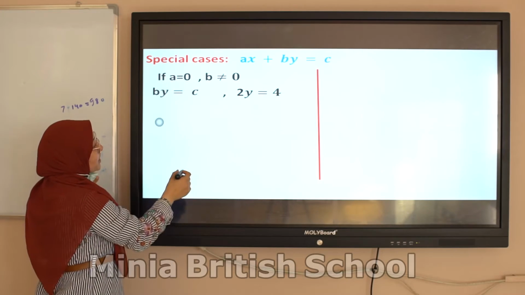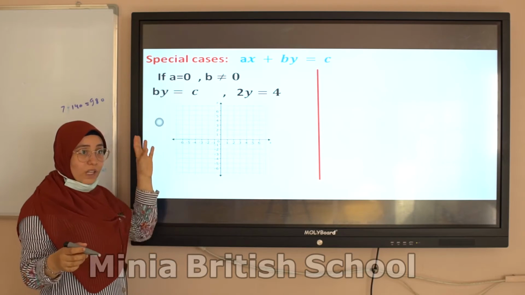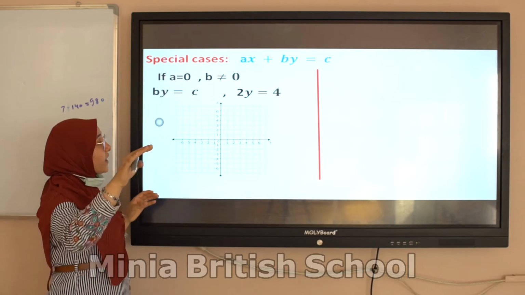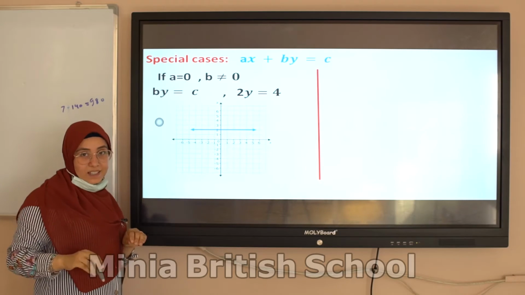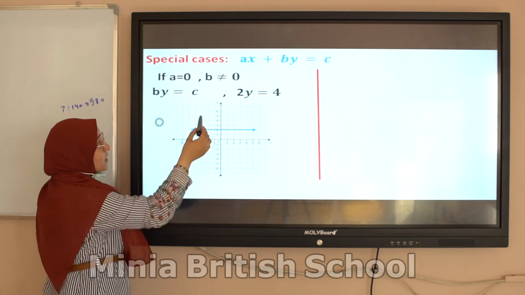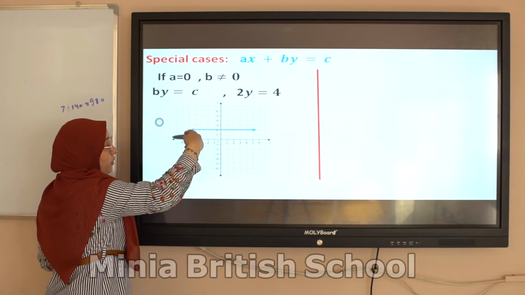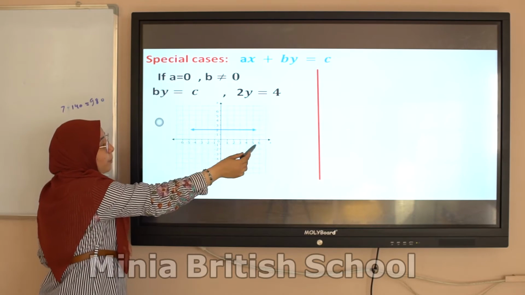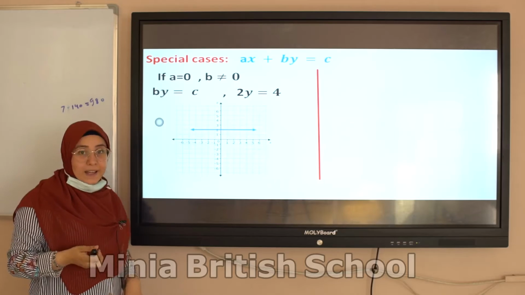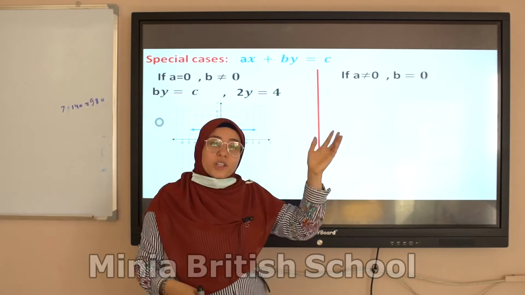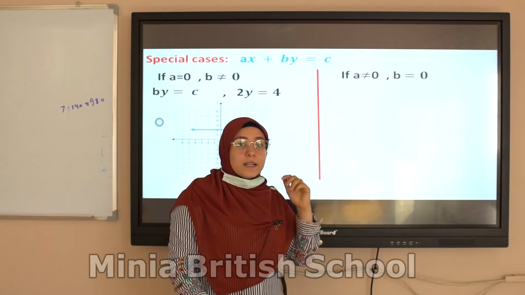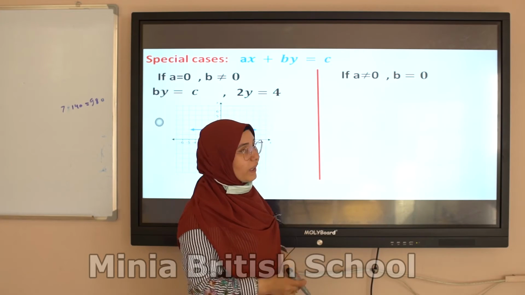This relation is represented on the perpendicular coordinate plane by a straight line parallel to the x-axis. But if a is not equal to 0 and b equals 0, we get what?